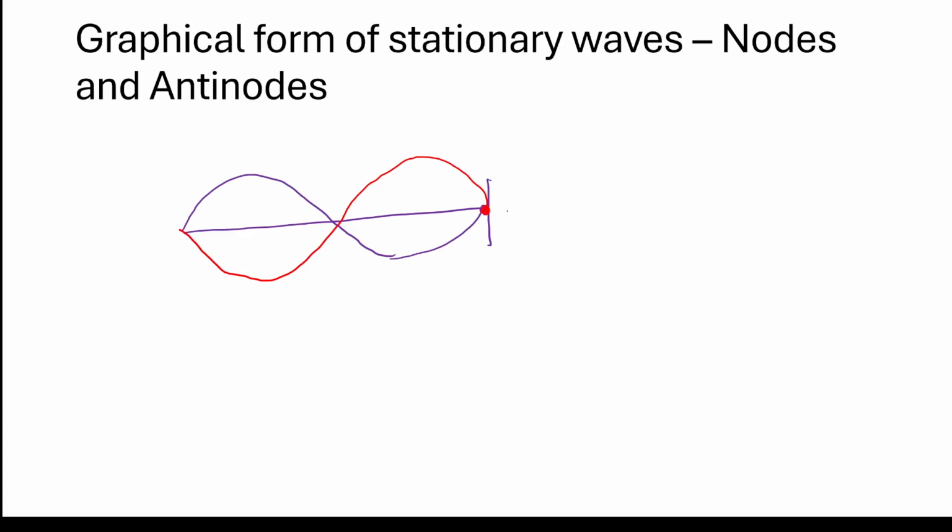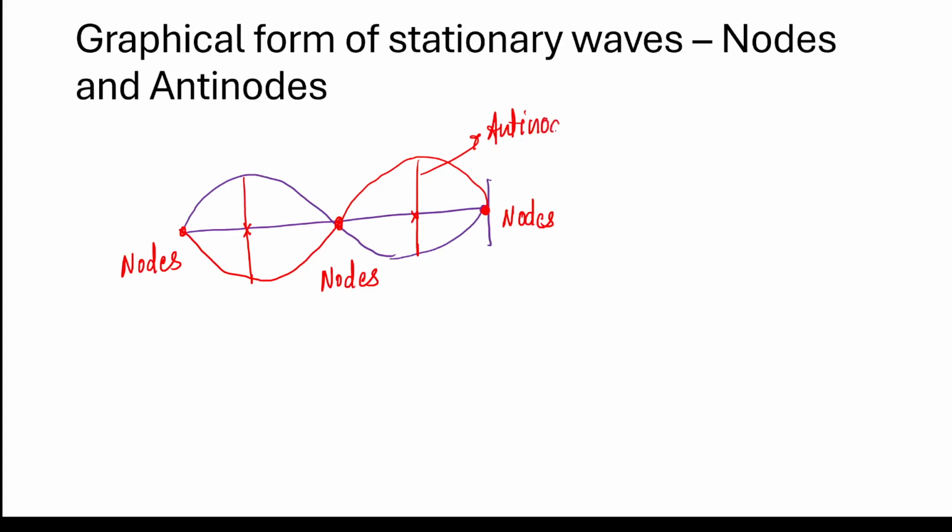So this position is called a node, which is stationary. The nodes on a stationary wave have zero amplitude. They do not move. They behave like fixed positions. And this position here, which has maximum amplitude, is called an antinode.